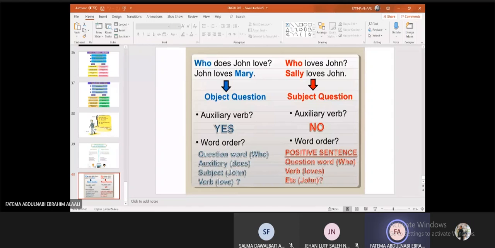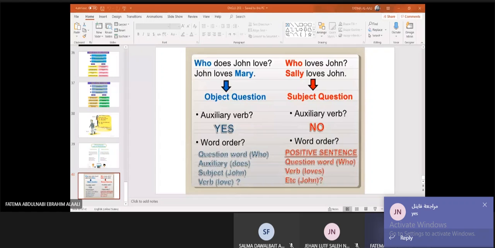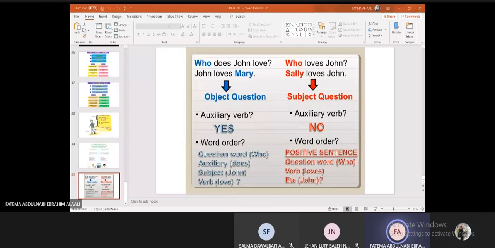Was this rule clear, Jihan? Yes, okay. We're almost finished, but there is only one rule left in the book.